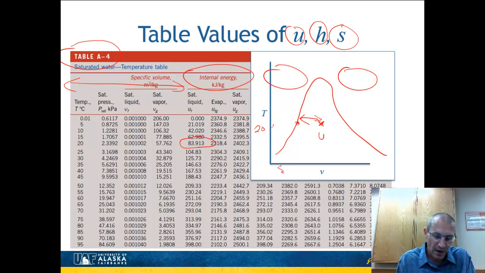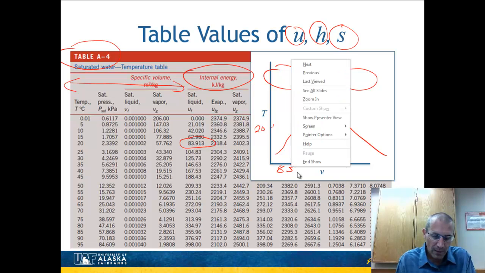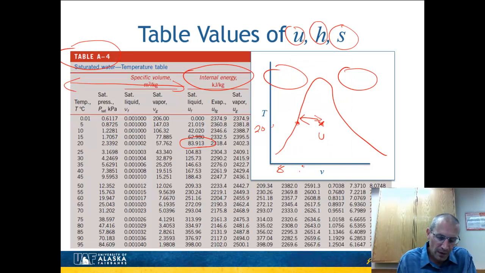So that's the value there, 83.91. And then I'm going to add some fraction x times this 23.18, which is the difference between those two values.